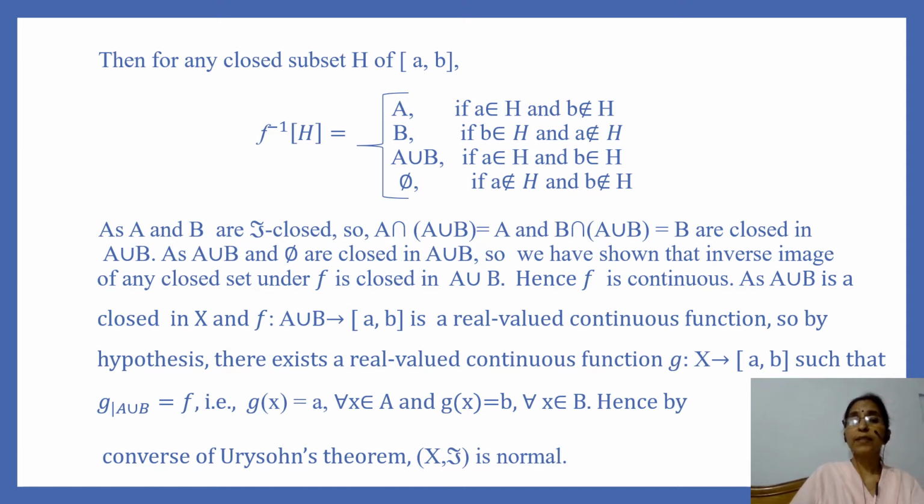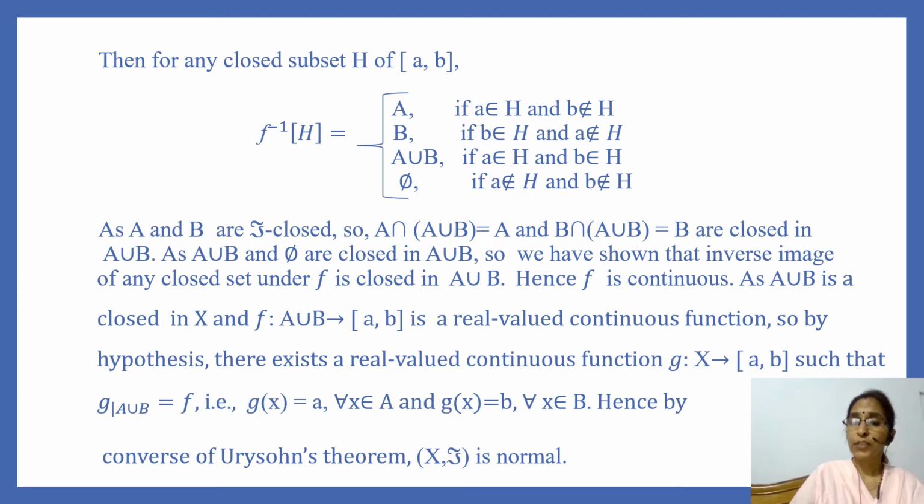So by hypothesis, there exists a real valued continuous function g from X to closed interval [a, b] such that g restricted to A union B is equal to f, that is, g of x is equal to f of x for every x belongs to A union B. And so g of x is equal to small a for every x belongs to A, and g of x is equal to b for every x belongs to B. Because g of x is equal to f of x, and for every x belongs to B, f of x is equal to b.